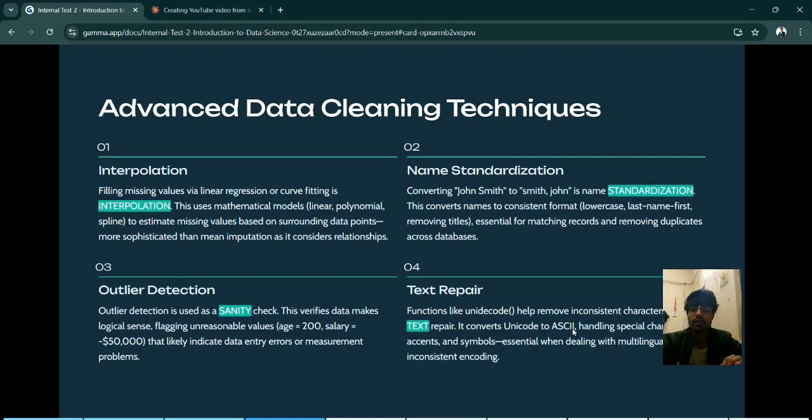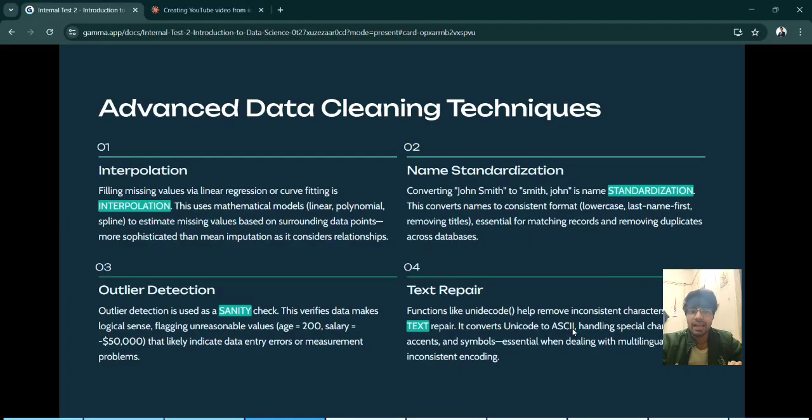This is essential when you are matching records from different databases or removing duplicates. John Smith and Smith John are all referring to the same person, but computers see them as different strings unless you standardize.